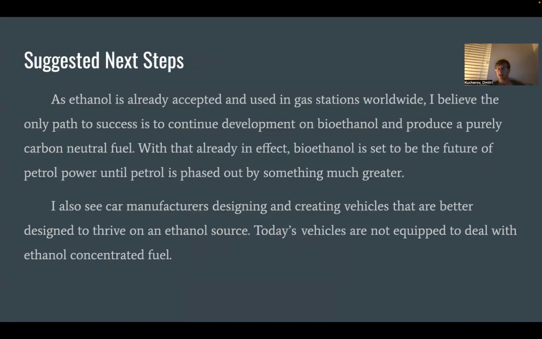My suggested next step for bioethanol, or this production of a biofuel, is, as ethanol is already accepted and used in gas stations worldwide, I believe the only path to success is to continue development on bioethanol and produce a purely carbon neutral fuel. With that already in effect, bioethanol is set to be the future of petrol power until petrol is phased out by something much greater. Sorry for saying petrol, sound British, but I didn't want to say gasoline because not everything uses gasoline.